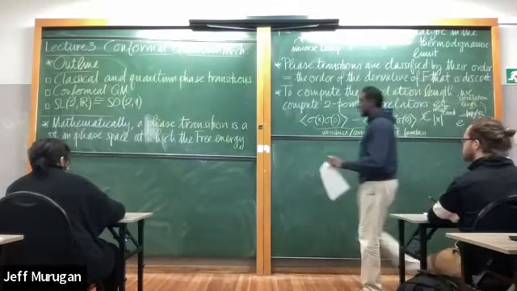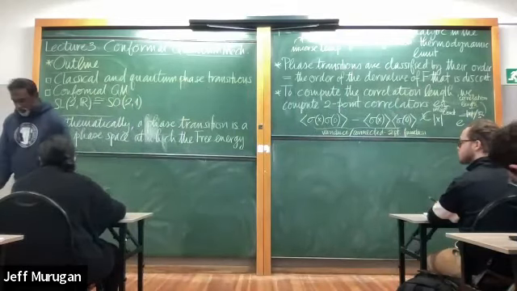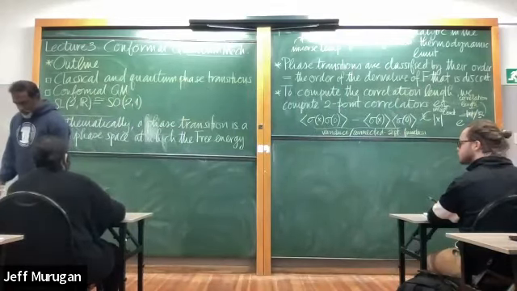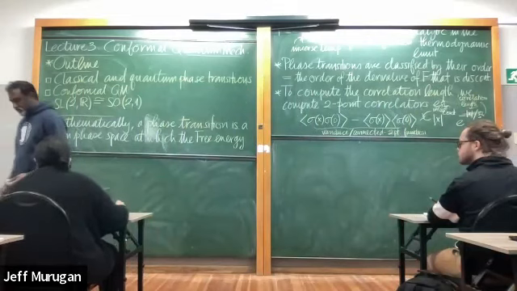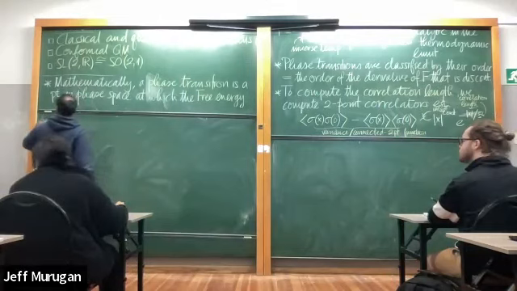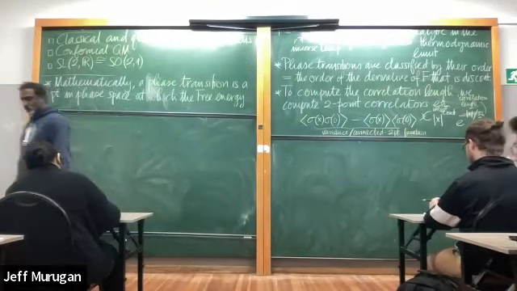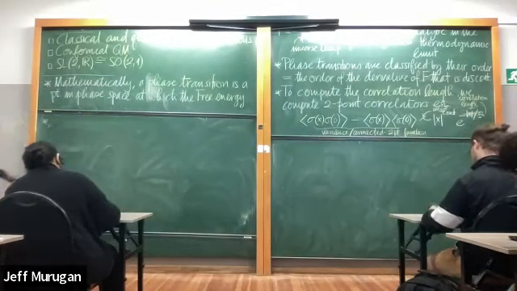So let me do one concrete example to illustrate what it is I'm saying. So, as an example, you consider a ferromagnet in an external magnetic field.